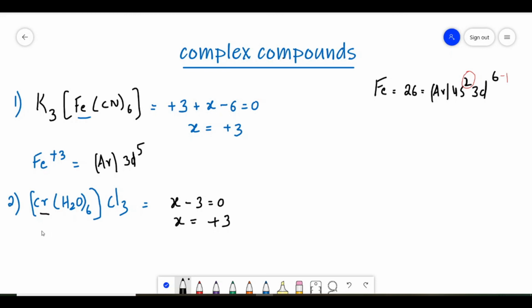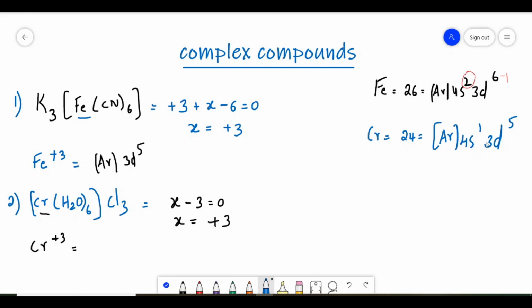Now let us write the configuration of chromium 3+. For this, first let us write the original configuration of chromium. Chromium atomic number is 24 and its configuration is argon 4s1 3d5, because to get the stable configuration one electron from 4s is taken by d.